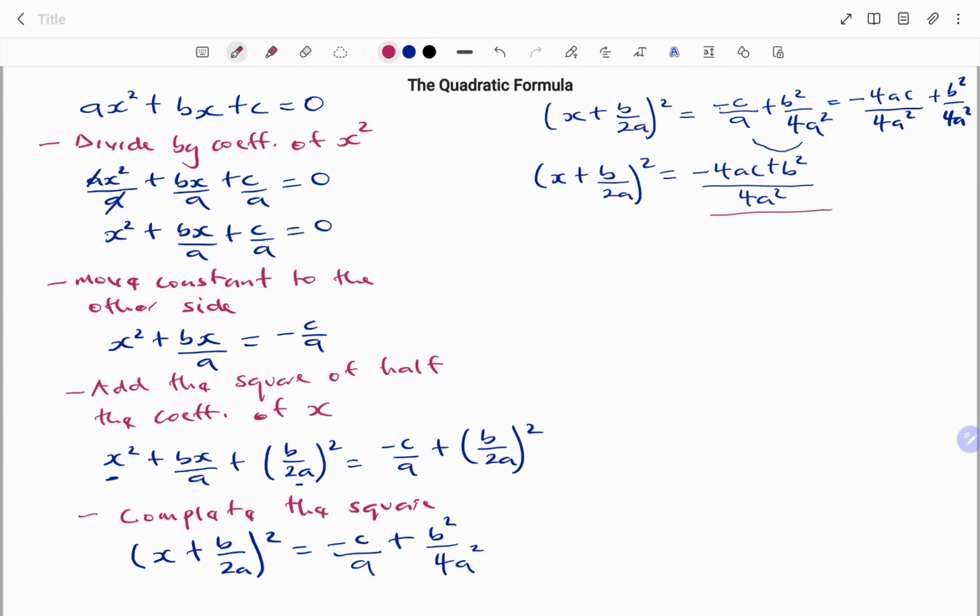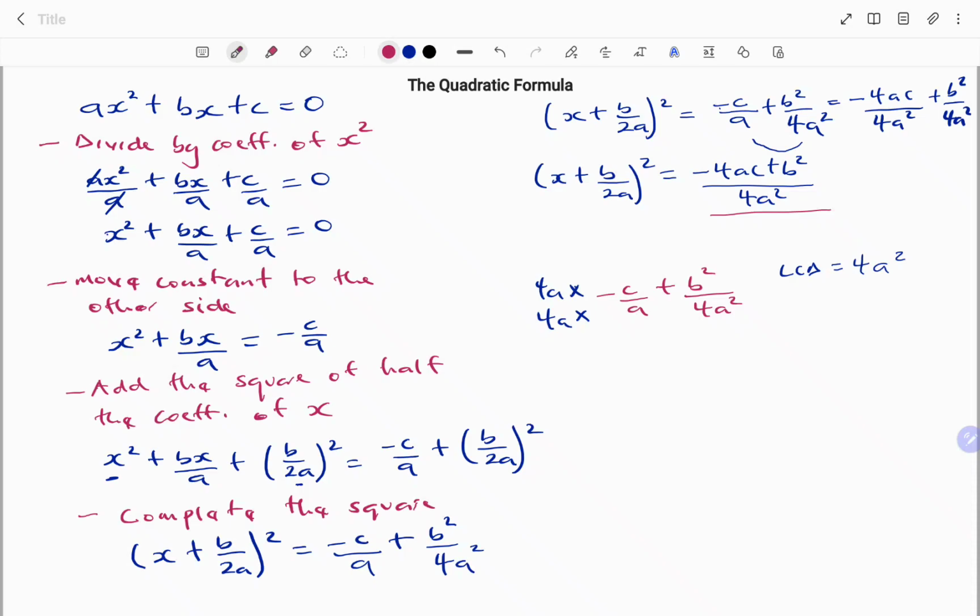I'm going to explain how I got this quickly. I have my minus c over a plus b squared over 4a squared. To make the denominator the same, I'm going to multiply both the numerator and the denominator by 4a, because the LCD is 4a squared.